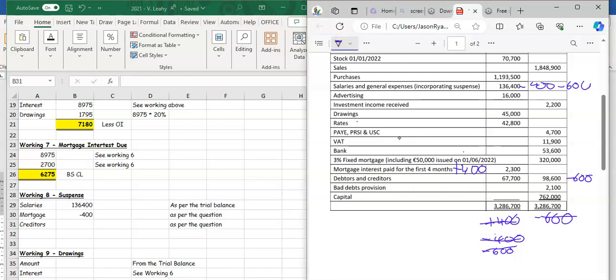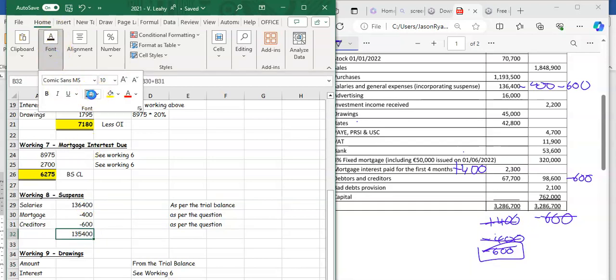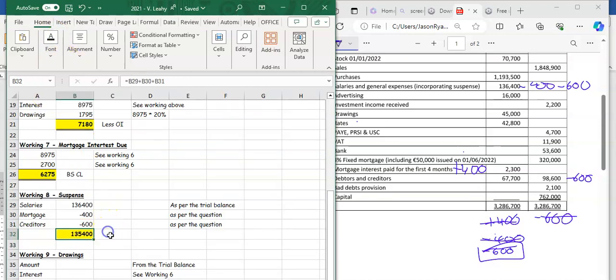So this 600 here is going to be taken away as well, from my suspense. So my new suspense figure is going to be 135,400. My new figure for salaries and general expenses is going to go into my profit and loss. That's part of my administration.